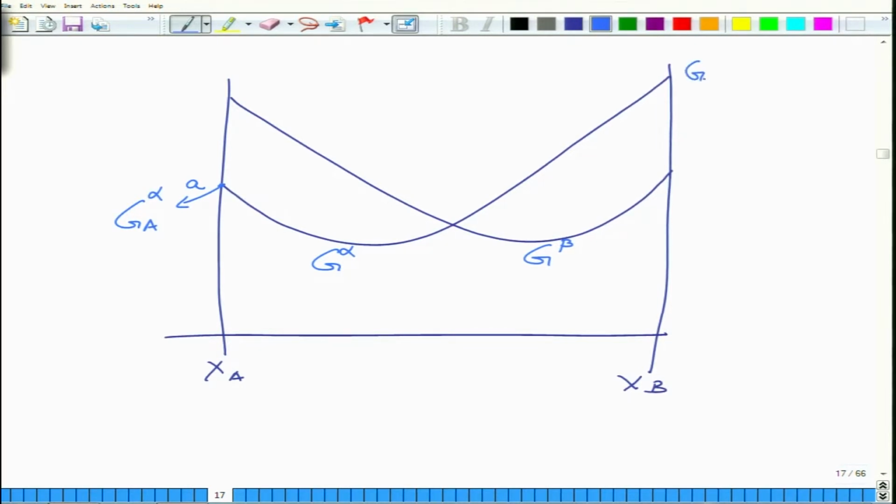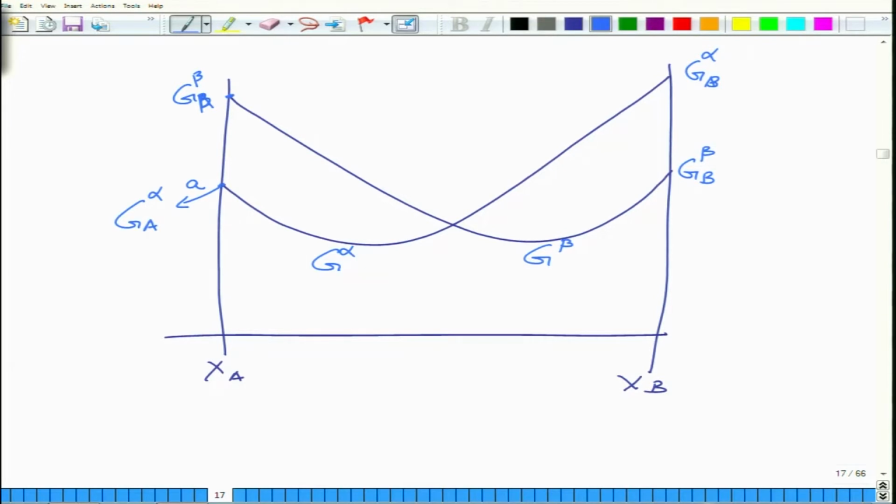This will determine G B alpha. This will determine G B beta, and this will determine G A beta.